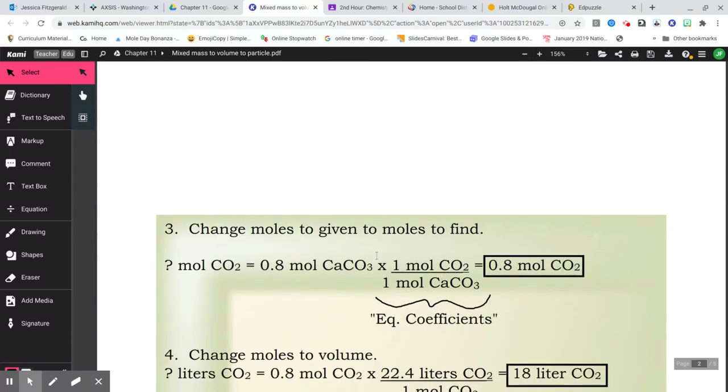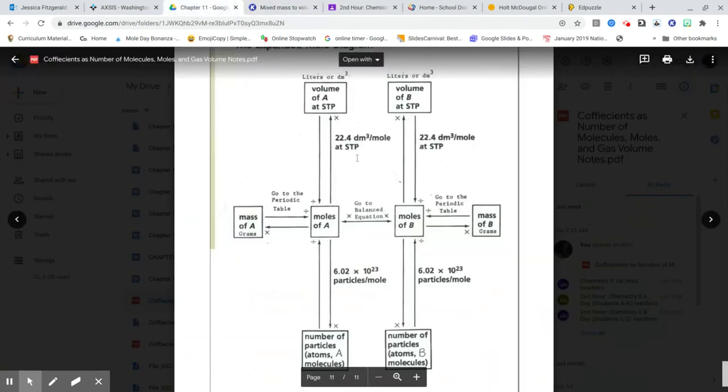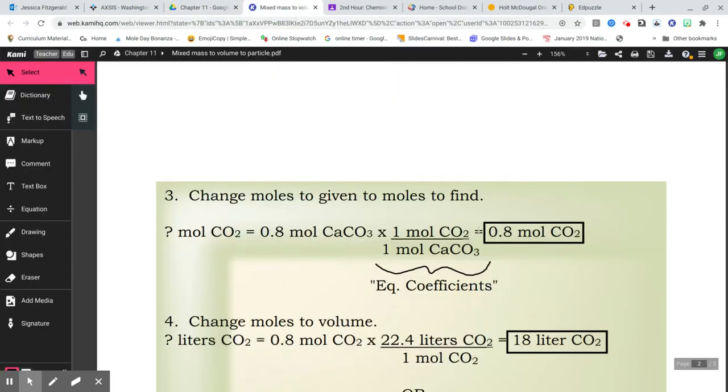Your moles of calcium carbonate cancels out. We're at moles of carbon dioxide. Now we're going to convert our moles of carbon dioxide over to liters. So we're here at moles of B, and we're going to go to volume of B, or moles of CO2 to volume of CO2.